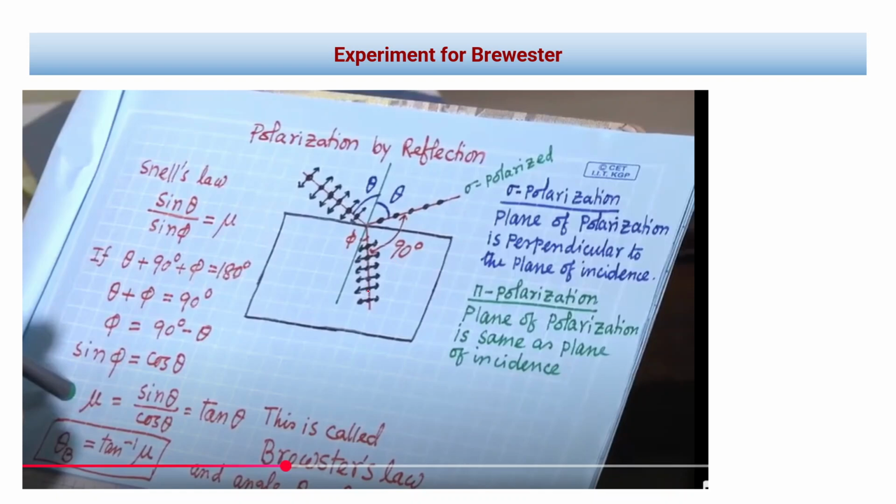The refracted light is still unpolarized, just to notice, but the reflected light has become polarized. This angle we can get by the tan inverse of the refractive index of that material. This is very easy, but it is also a way through which we can get polarized light.